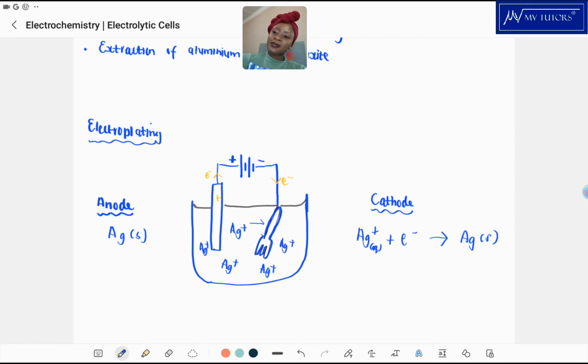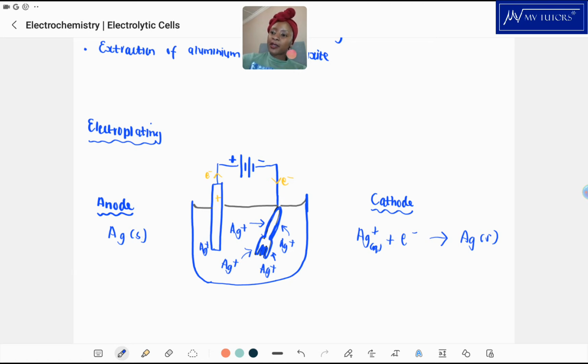So these silver ions go and attach themselves at the fork, and you start seeing a layer form, whatever thickness they want, around the very thing that you want to electroplate.